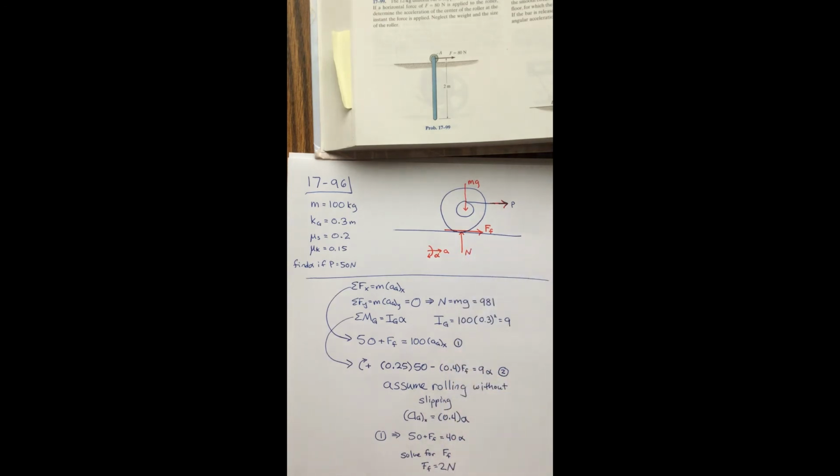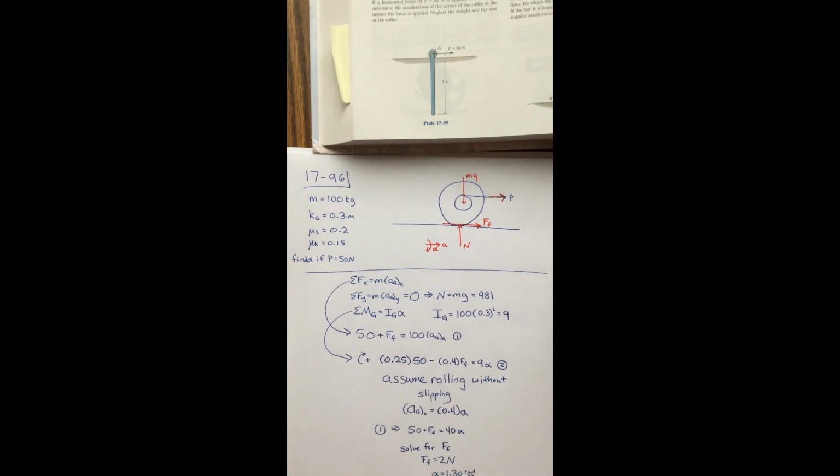So I get 2 newtons, and if I go back to this equation here to find the angular acceleration, the angular acceleration is 1.30 radians per second squared. Okay, but that was assuming rolling without slipping.